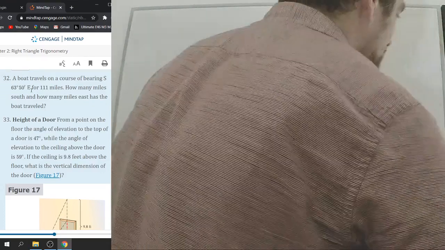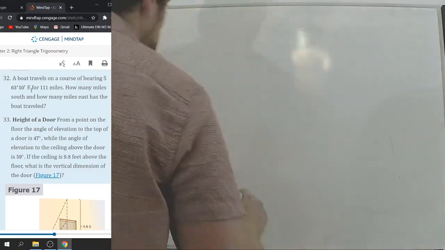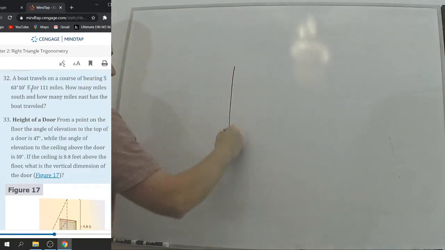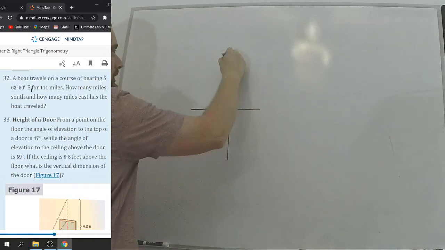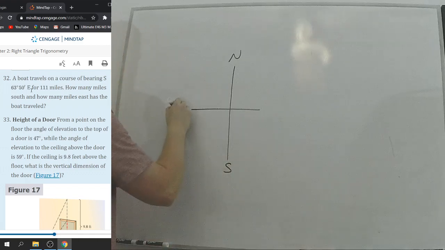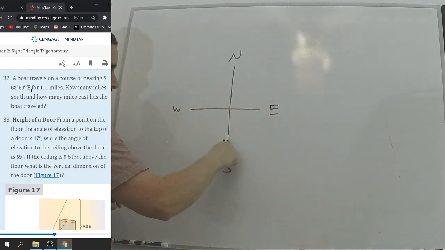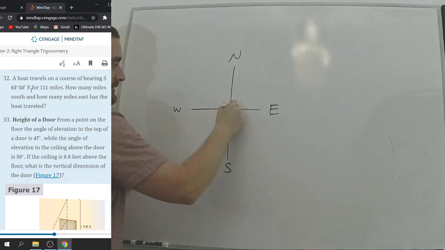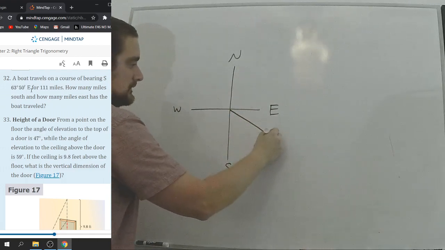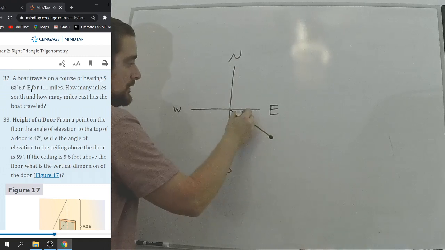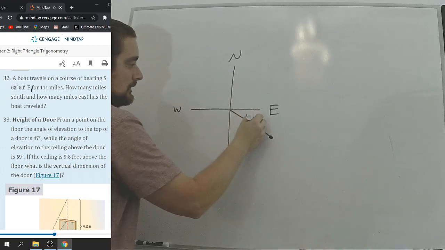So since we're going south 63 degrees and 50 minutes east, I'm going to set up my cardinal directions here and let my boat travel south 63 degrees and 50 minutes east for 111 miles.